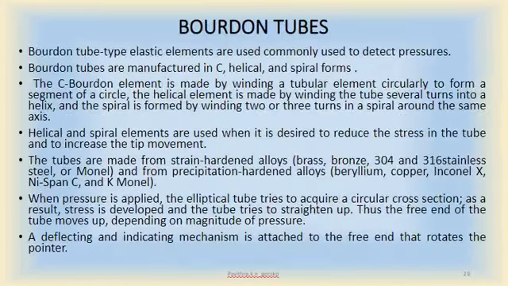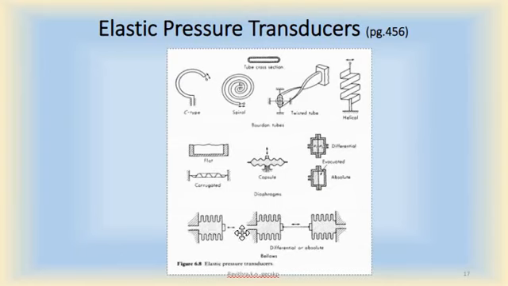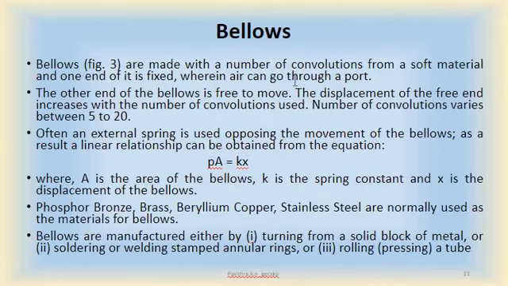And these are bellows. It is actually having a spring-like action. If pressure is given to one side, then displacement is output. Bellows are made with a number of convolutions from a soft material, and one end of the bellow will be fixed, and the other end we are giving the pressure or the force.